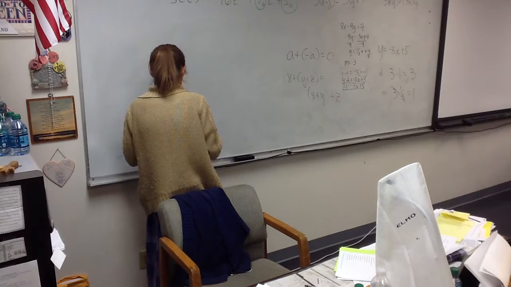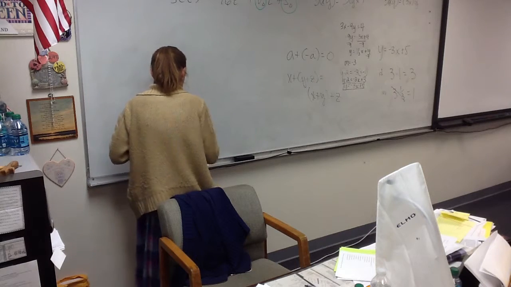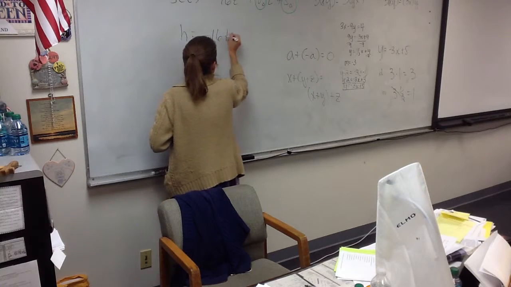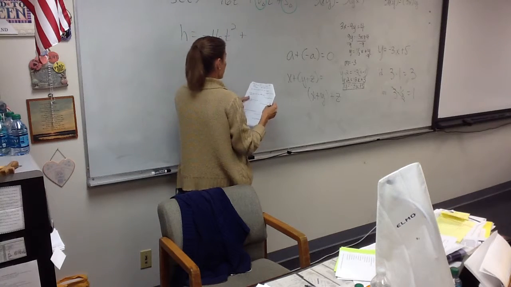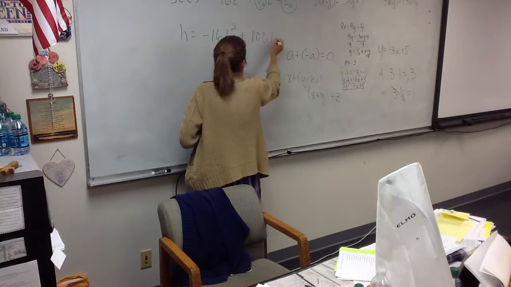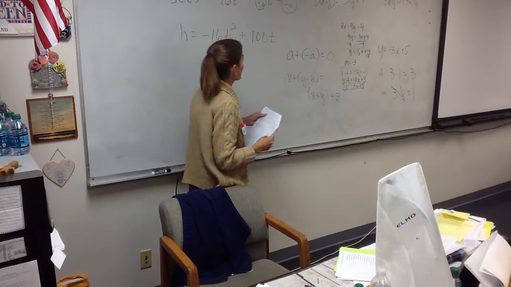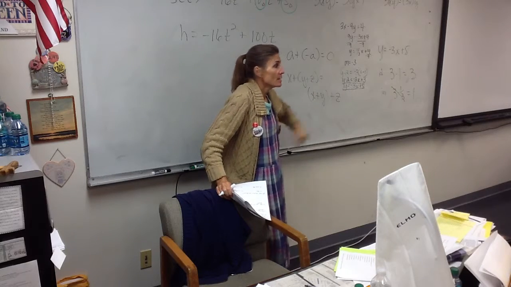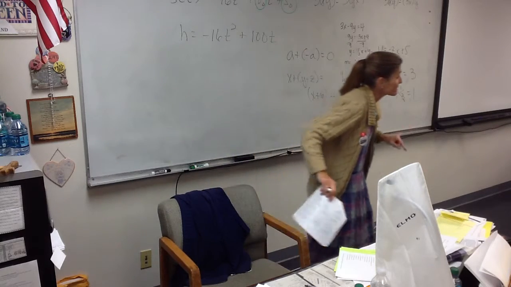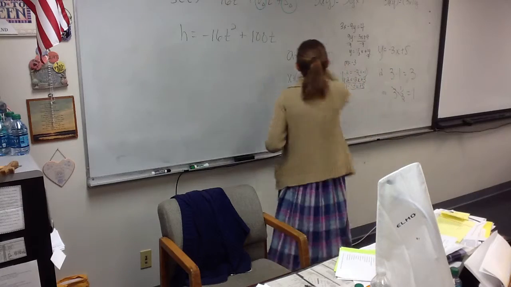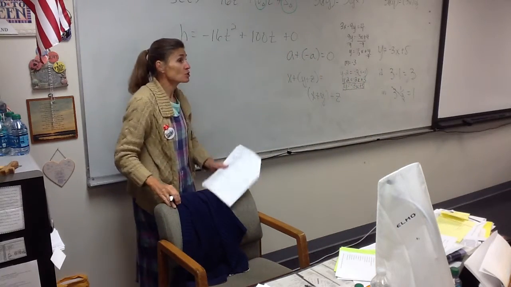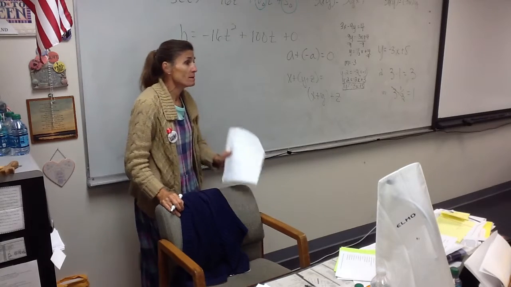So, what does the problem say about the initial velocity? It is 100. What does the problem say about the initial height? It's on the ground, which means its height is 0. This ball is not starting at the top of the building.